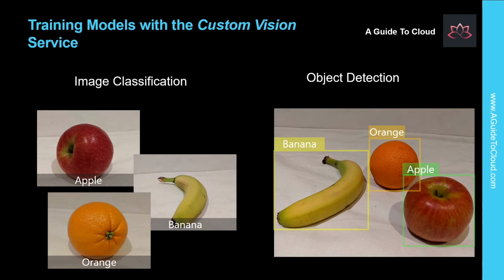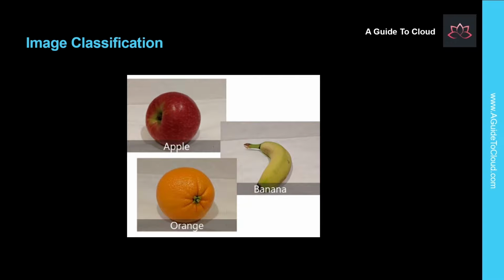The custom vision cognitive service enables you to train a custom model for either image classification or object detection. Image classification is a machine learning technique in which the object being classified is an image, such as a photograph. As with any form of classification, creating an image classification solution involves training a model using a set of existing data for which the class is already known.